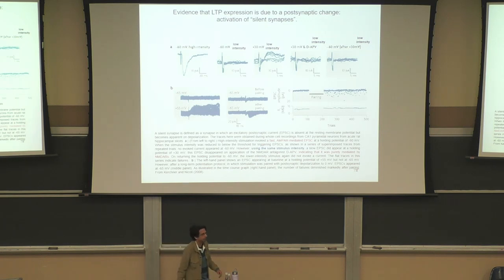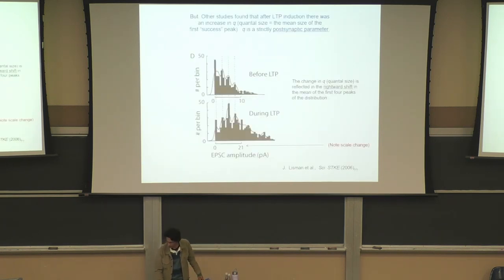Quick question about that. Yep. So the reason we know that this one's postsynaptic is because it was the same amount of presynaptic input given to the postsynaptic cell? Like, was it the same amount of stimulation as before LTP coming from the presynaptic cell? Is that how we know that the postsynaptic cell, something different happened there?